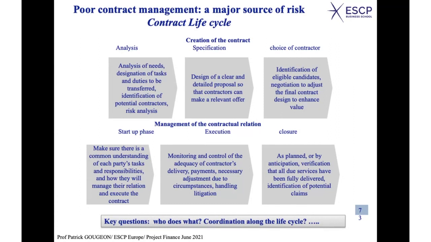The key questions are who does what, okay? And what about the coordination along the life cycle? Believe me, for large companies involved in large infrastructure projects, this is a major concern, because they have many subcontractors they deal with, there are many contracts to handle, and improving the efficiency of their contracting activity is a key element.